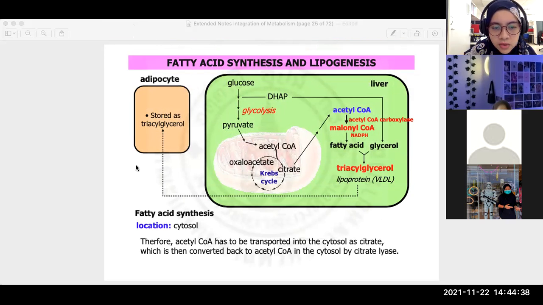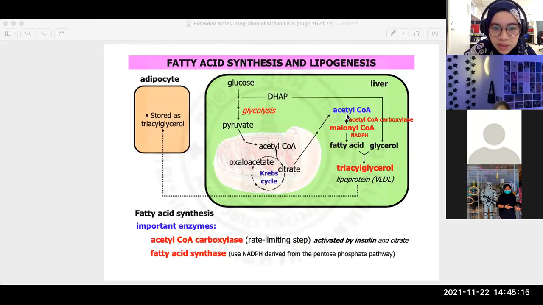This fatty acid synthesis takes place within the cytosol. If you see over here, the green colored one is the hepatocytes, and the orange colored cells are the adipocytes, or fatty tissue. We have glucose metabolism happening over here, the glycolysis and Krebs cycle, but we also have fatty acid synthesis.